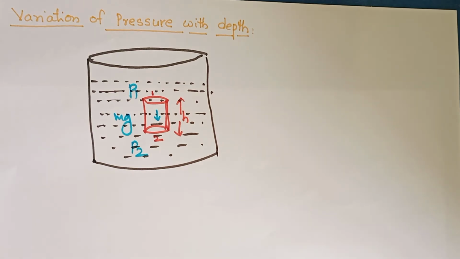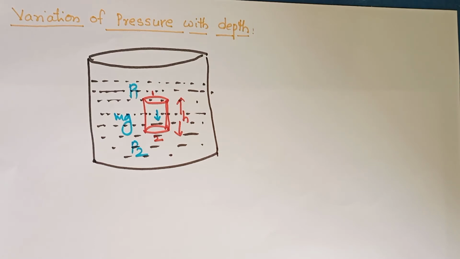If the pressure is not uniform, we can find a pressure difference; otherwise the pressure difference becomes 0. Here this fluid is at rest, so the horizontal forces sum to 0, and the vertical forces are balanced with the weight mg.